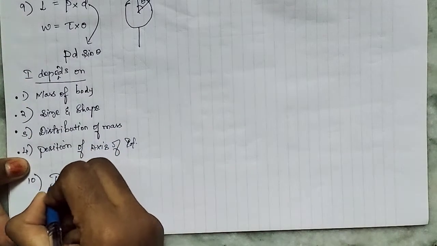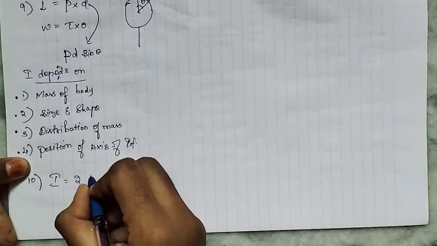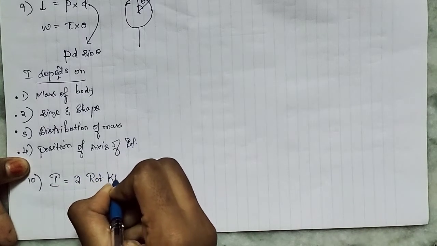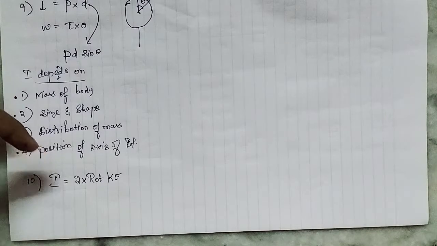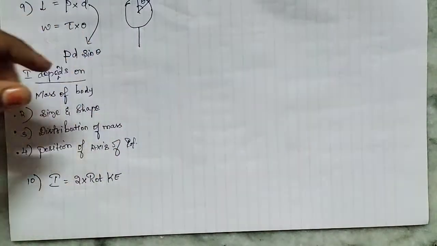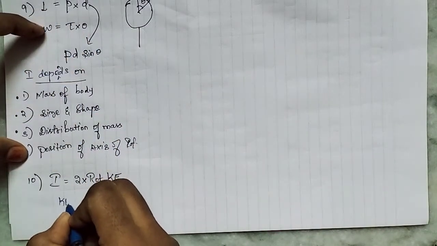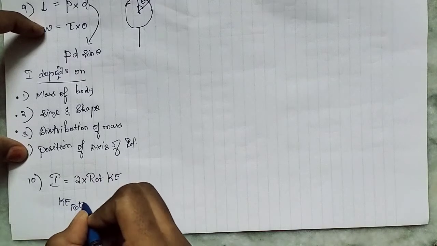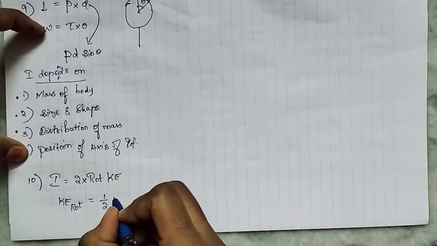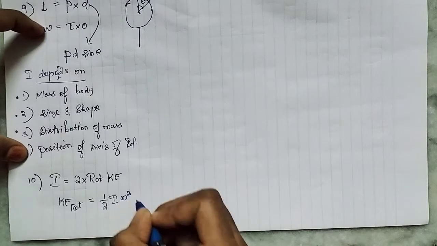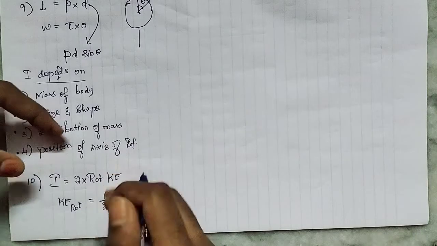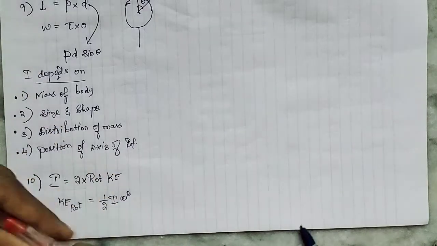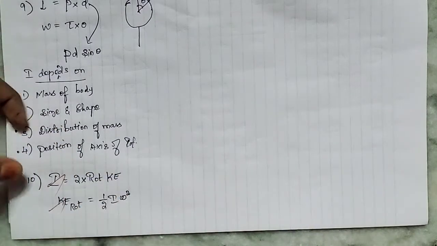Moment of inertia is equal to 2 times the rotational kinetic energy, or you can say the rotational kinetic energy is half I omega squared. So the moment of inertia and the rotational kinetic energy are related in two ways. This is one formula.